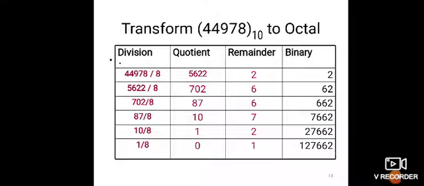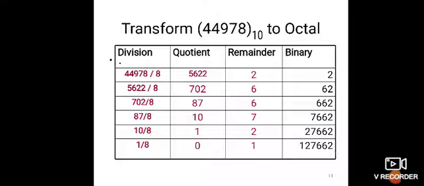The division by 8 gives a quotient of 5622 and the remainder is 2. Here 2 is allowed because in the octal number system we cover the digits from 0 to 7. Then the new number which we have to divide by 8 is 5622, taken from the quotient column.